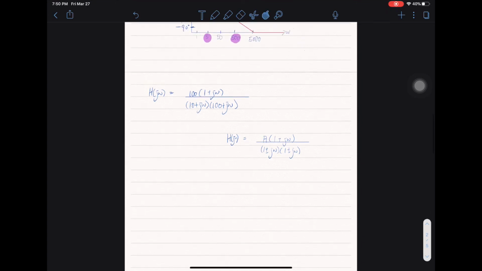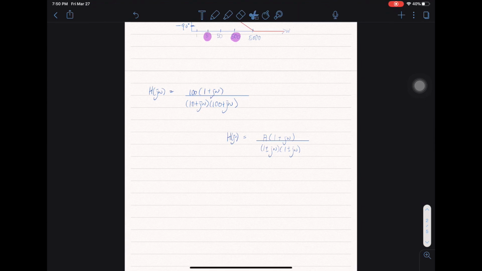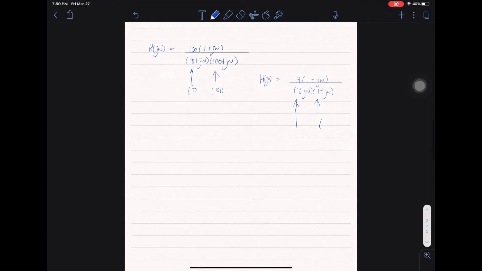And obviously you will be able to see these two forms are different because we have a 10 here, we have a 100 here, which is different than we have a 1 here and we have a 1 here. So what you really want to do is just apply math. So it will be equal to 10. You take out 10 and 100 over 100 plus j omega over 100.